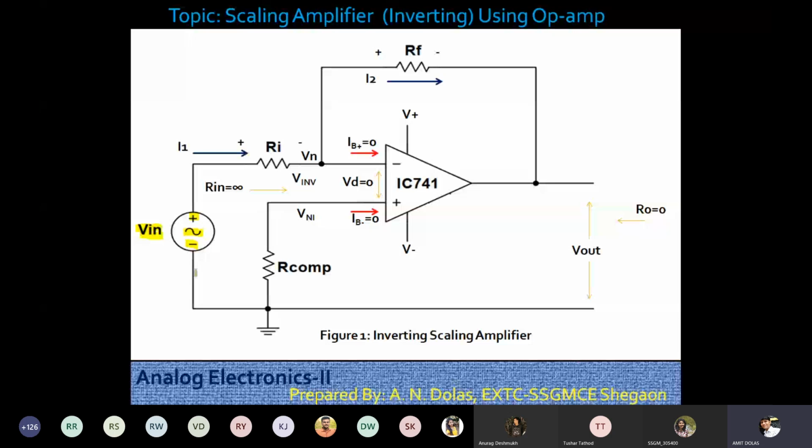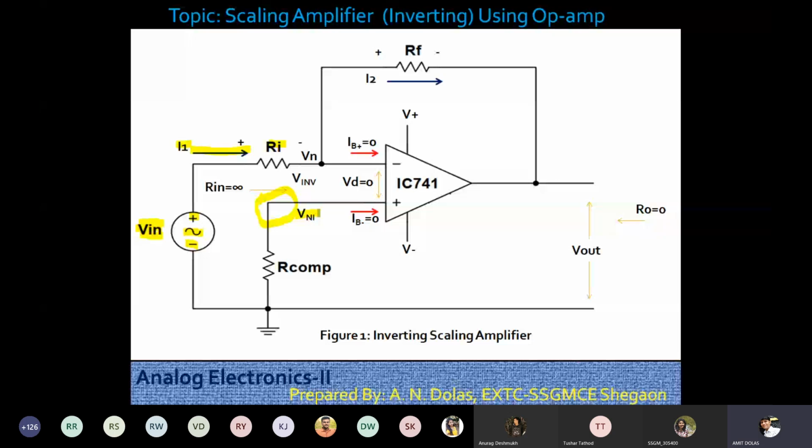So of course, as it is a source, it will generate a current, and the current direction I have shown. You can see current I1, which is passing through resistance R1. Now, what is the virtual ground concept that will be clear here? What is the voltage at this point, which is the non-inverting terminal?